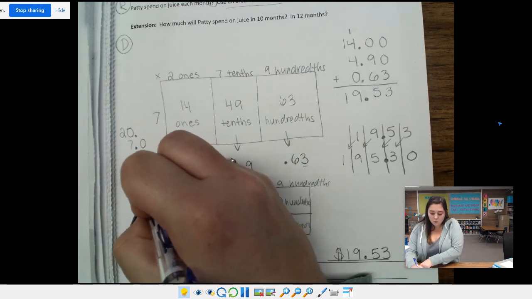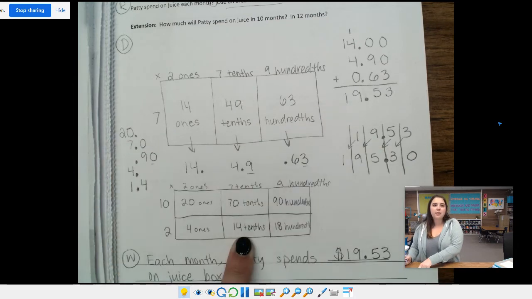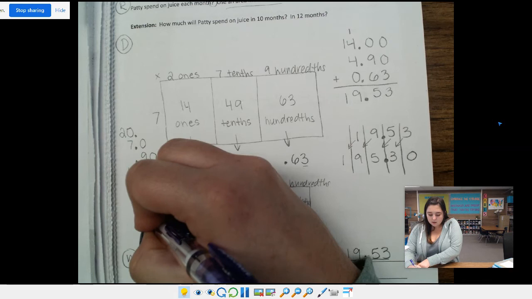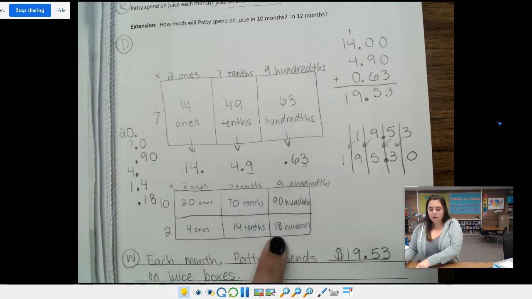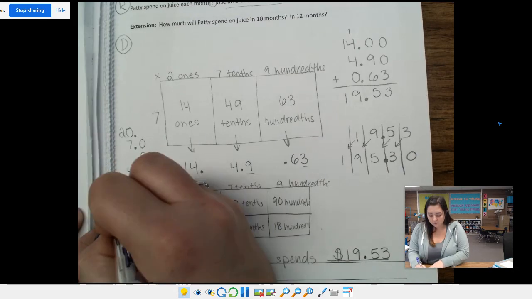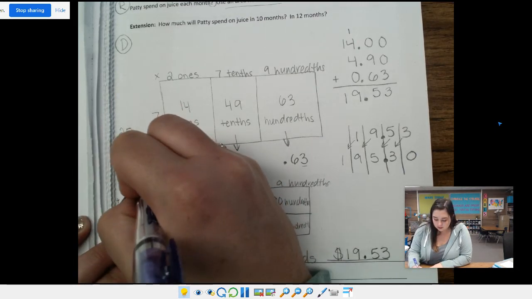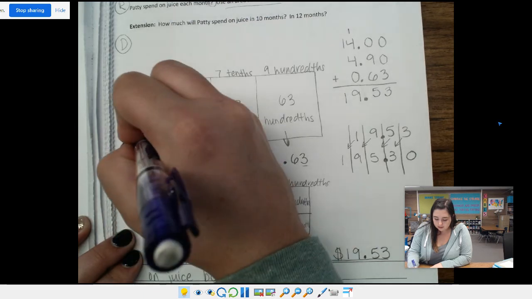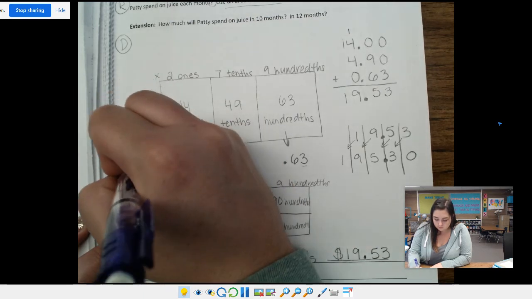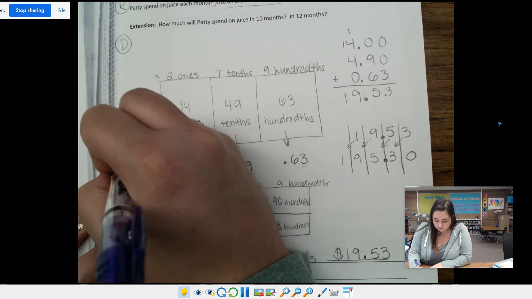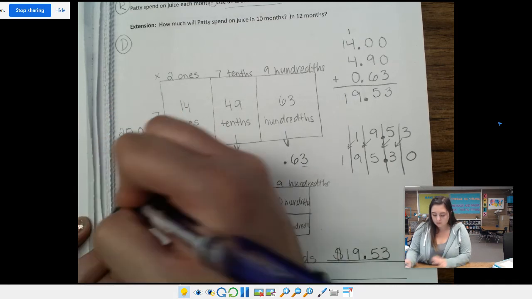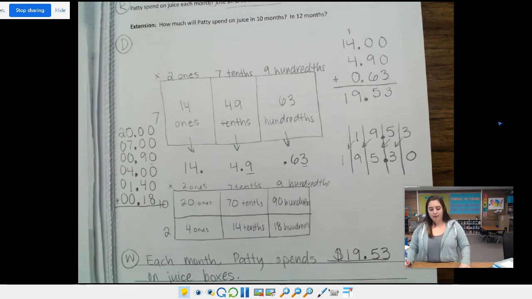My 4 of the 14 is going to have to be in the tenths place. And then 18 hundredths, my 8 will have to be in the hundredths place. Wow, I really don't like this. This looks like it's going to be tough to add. So I'm going to add in some of these zeros here so things line up nicer. There we go. Okay, this helps my brain.